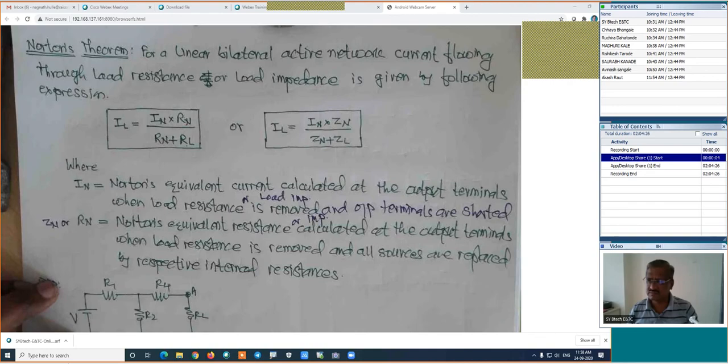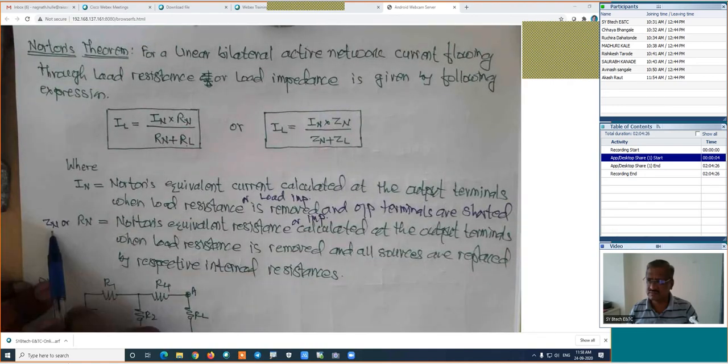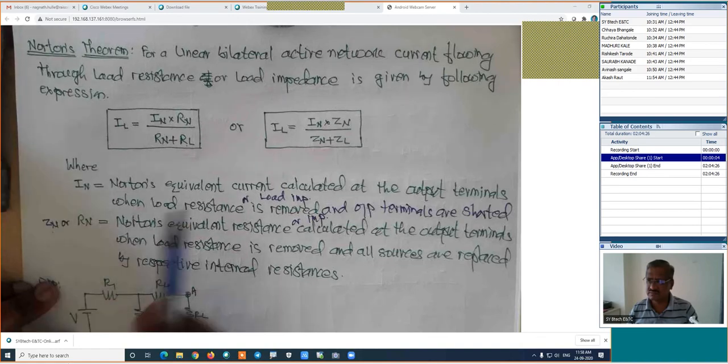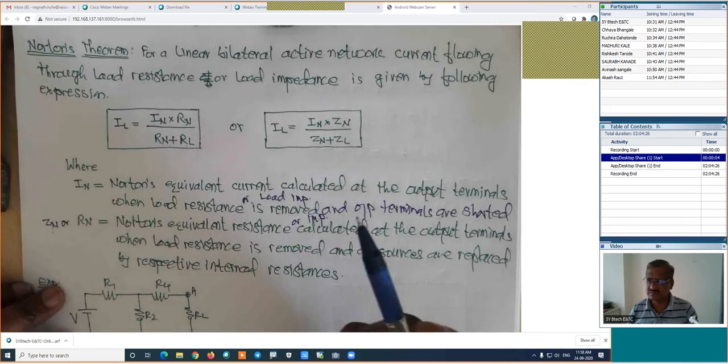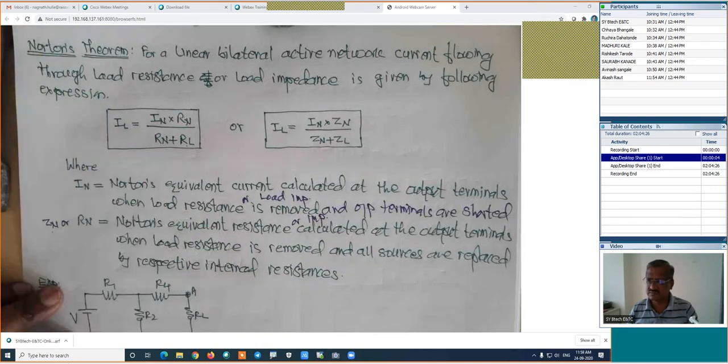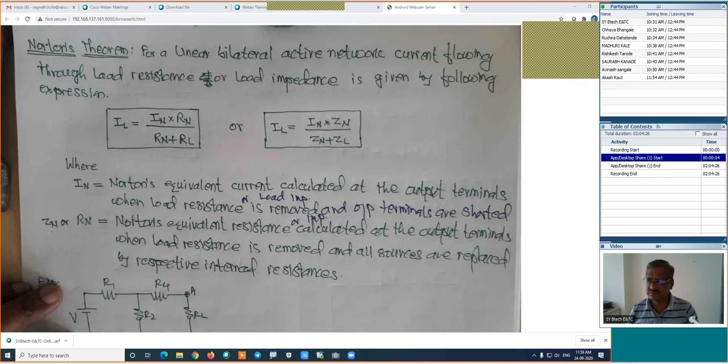If you are aware of the calculation of Thevenin's impedance, then the calculation of Norton's impedance is the same.